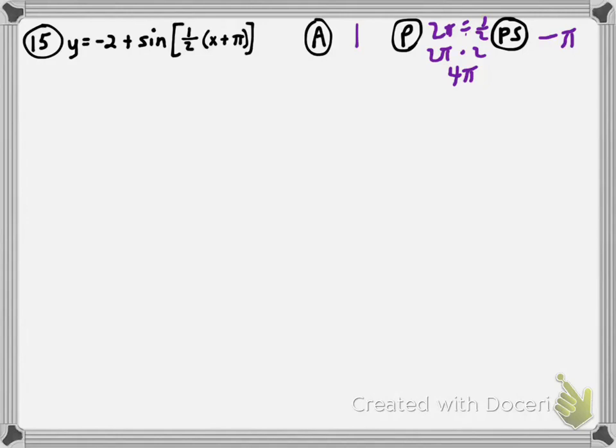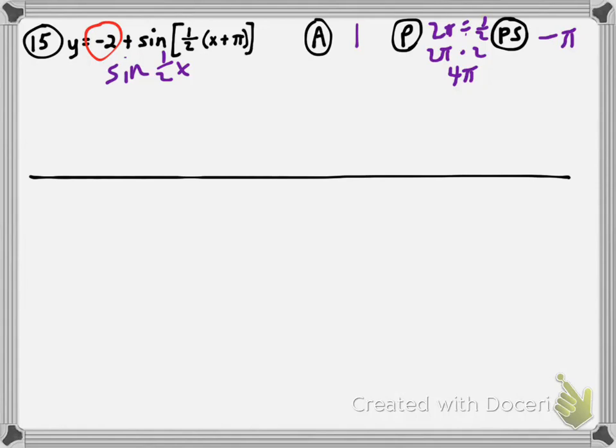Let's see, we need to graph the sine of 1/2 x. So this is our goal, sine of 1/2 x first, and we're going to shift it to the left pi radians. Since we're going to go to the left pi radians, and we're going to go down 2, based on that -2 here, I'm going to leave ourselves a little space to the left and down.